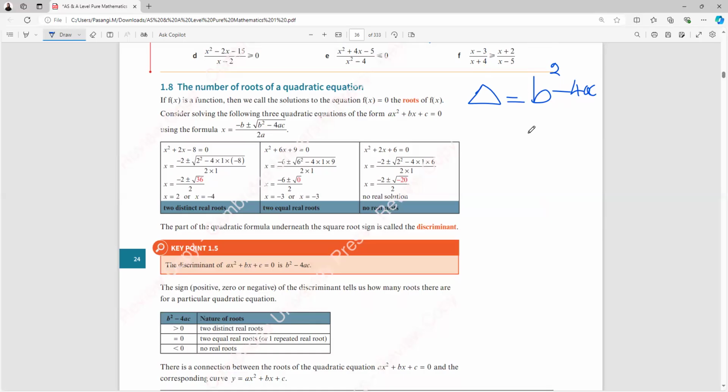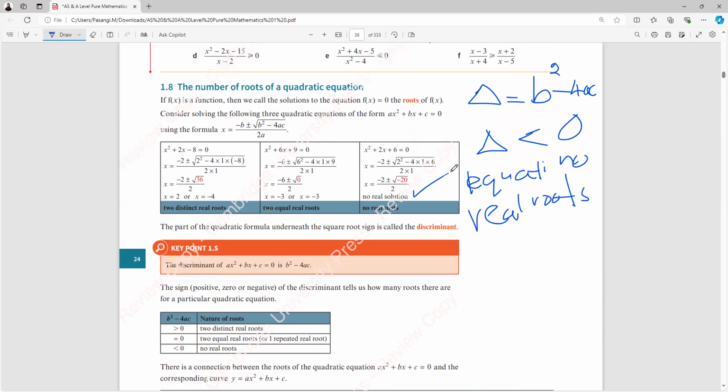Now, what does that mean? If the discriminant value is less than 0, that means the equation has no real roots.